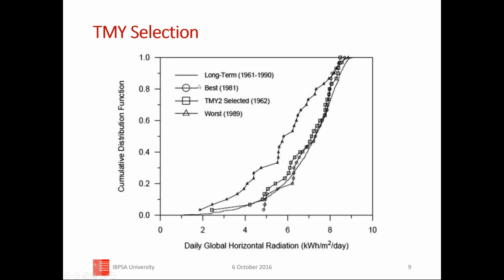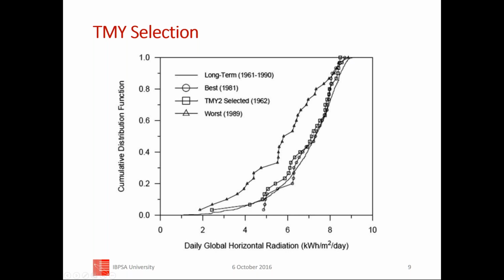Essentially, the solid line here is the long-term cumulative distribution, so the radiation level per day is across the x-axis, and the fraction of days that are below this amount is up the y-axis. So everything's less than, say, 8 kilowatt-hours per square meter, but only 5% are below 4.